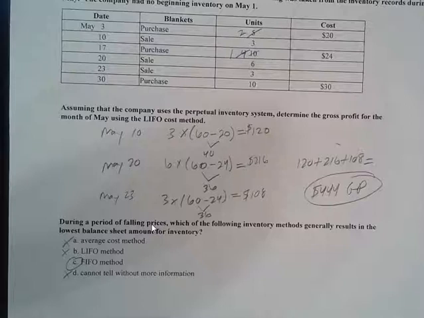The latest purchases are always what's on the balance sheet under the FIFO method. But in this case, which is contrary to what you normally see, it will be the FIFO method that will have the lowest amount of inventory. And in this situation, although the question doesn't ask for it, the FIFO method will also have the highest cost of goods sold.